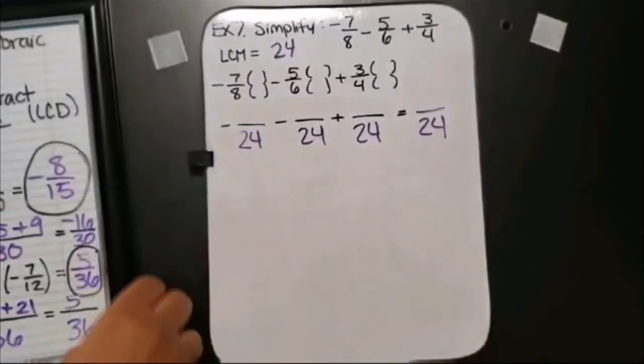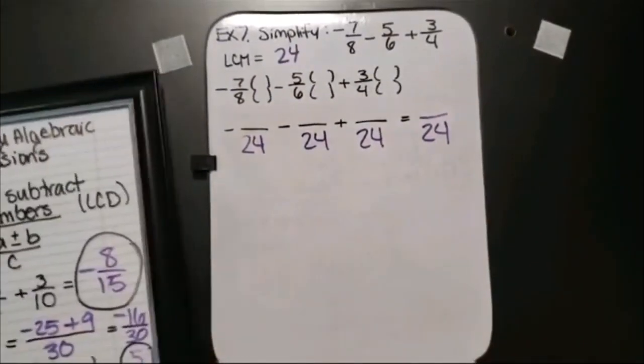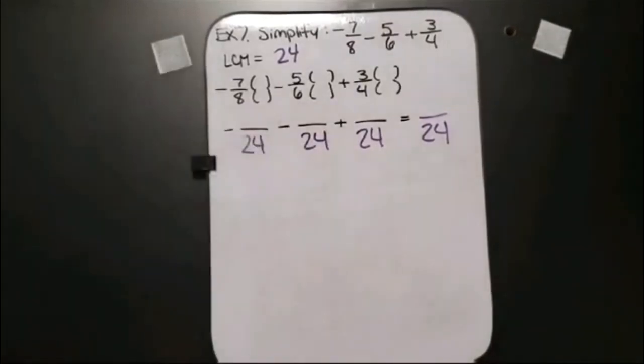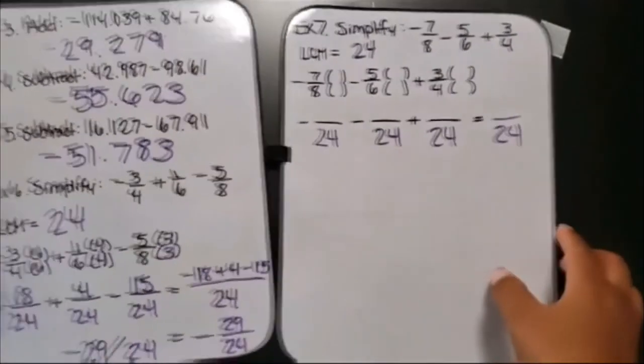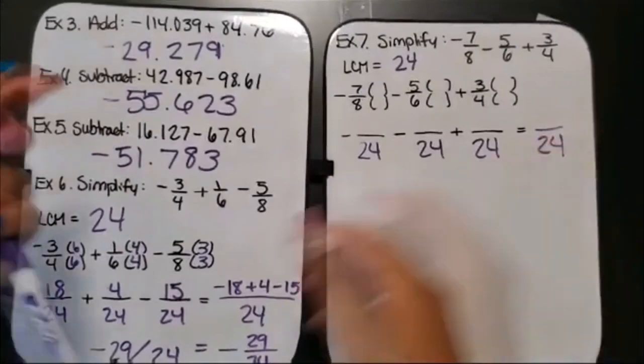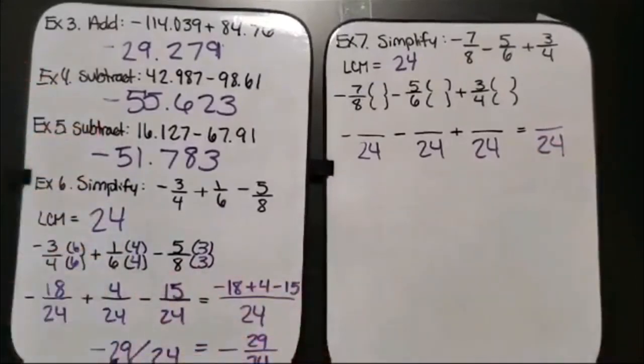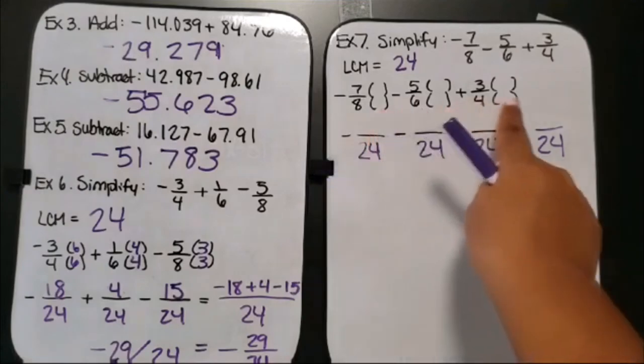All right. So we're basically doing the same thing that we did before. I went ahead and filled in some of the steps. So we need to figure these numbers out.